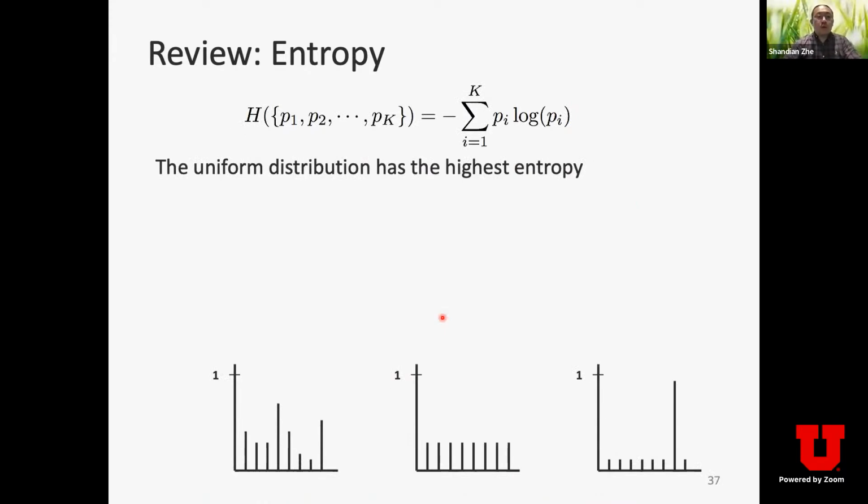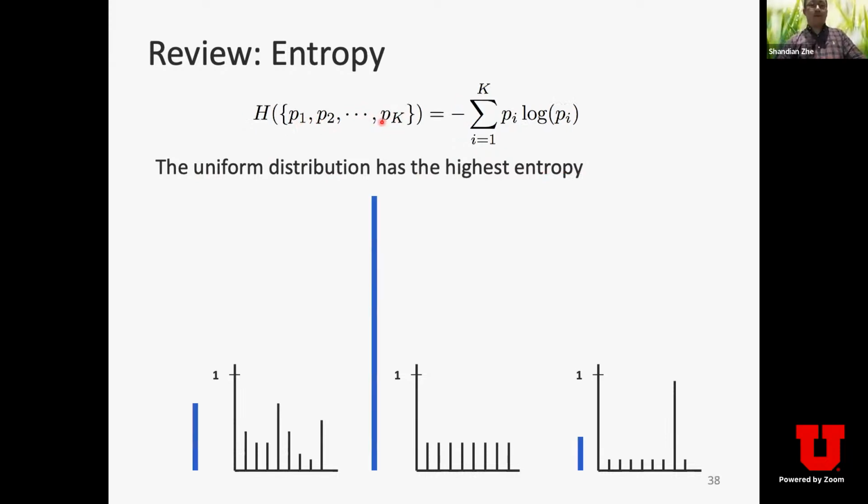This definition also applies to multi-class or multiple labels. If you have k possible labels, it can be shown that the uniform distribution has the highest entropy, namely all P1, P2 to Pk equal to 1 over k. However, the more biased the distribution of those labels, the smaller the entropy.